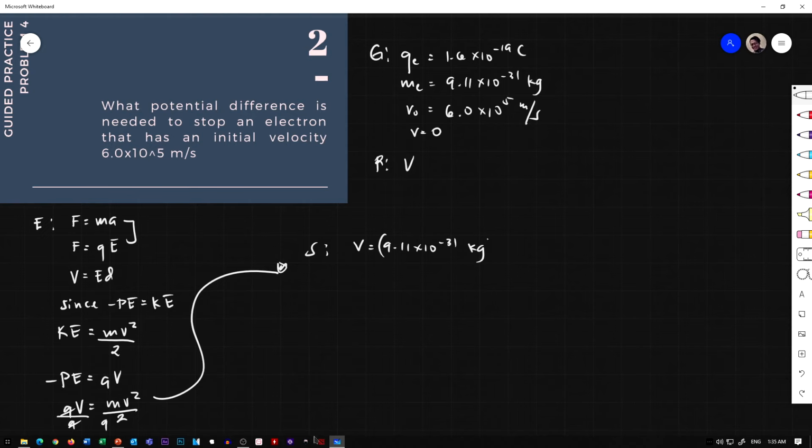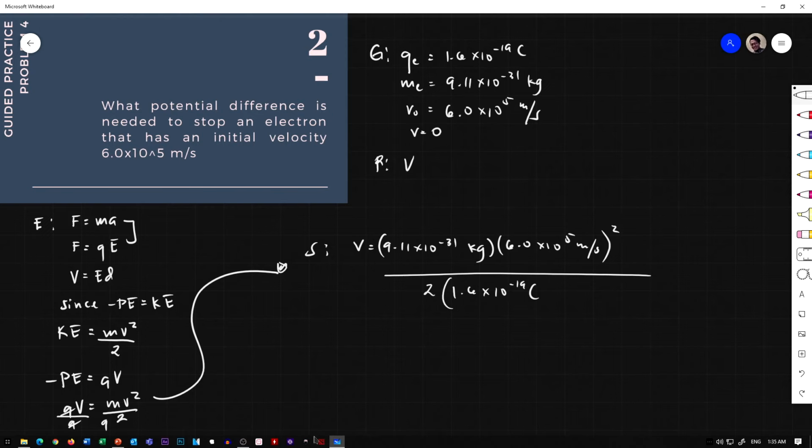Okay, then we have velocity, so that's 6.0 times 10 raised to 5 meter per second, v squared over 2 times q. So what's our q? So that's 1.6 times 10 raised to negative 19 coulomb.